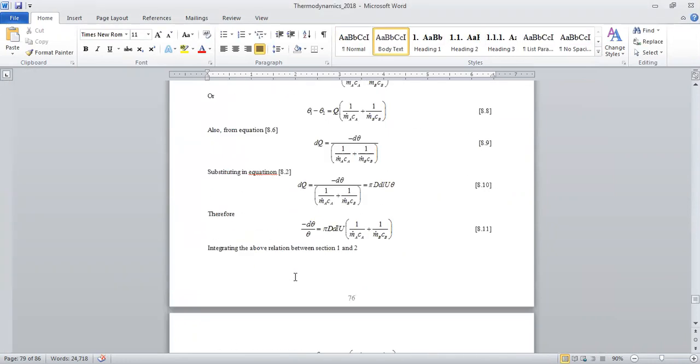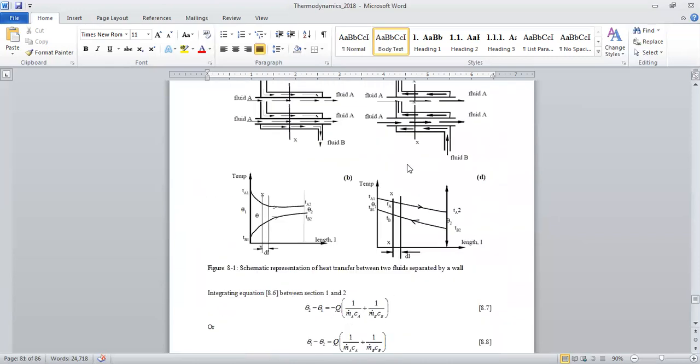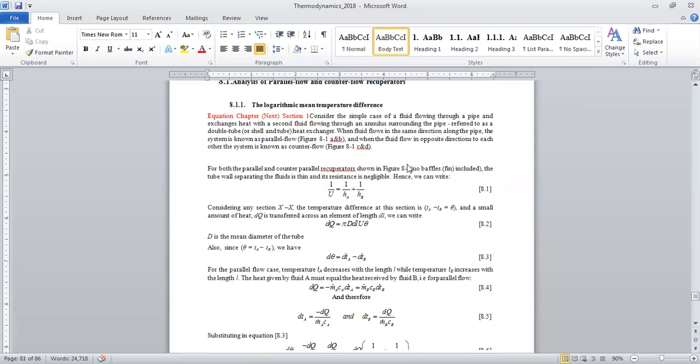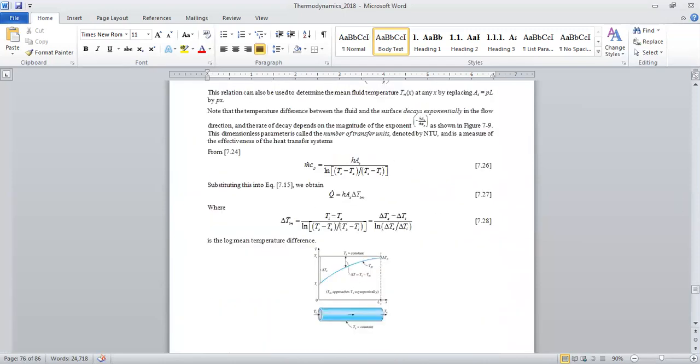Okay, should be there. But here about the heat exchangers. So I'm not asking about heat exchangers.